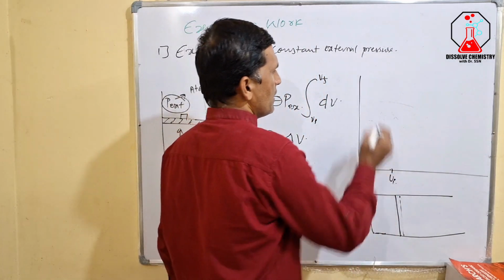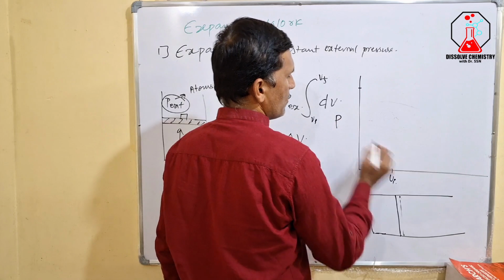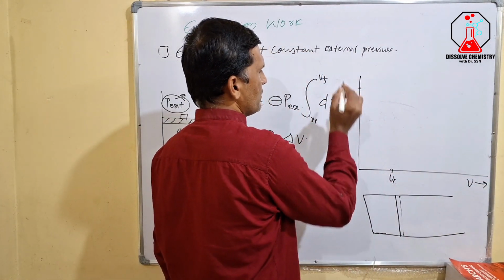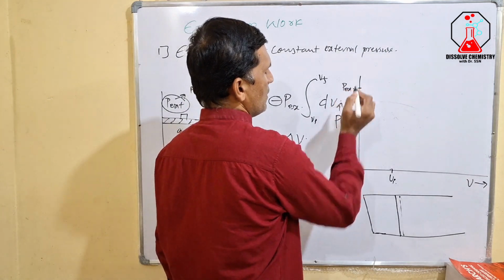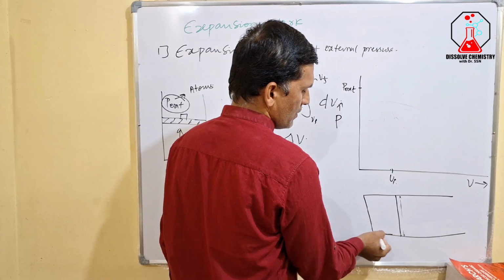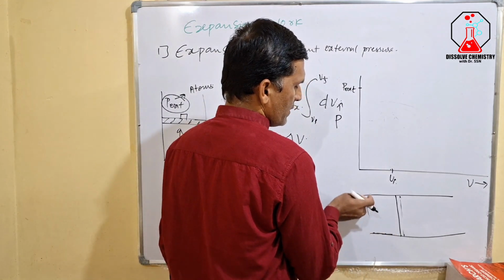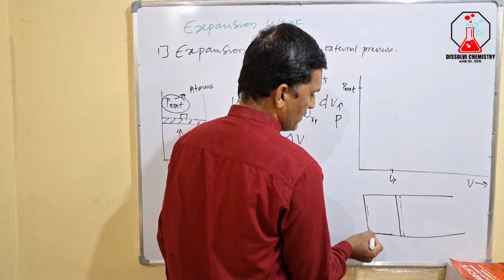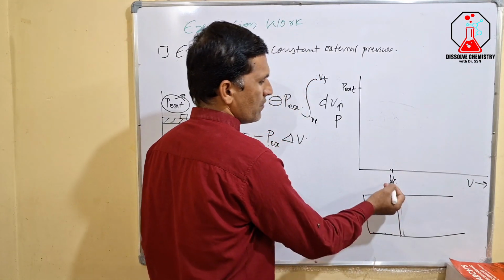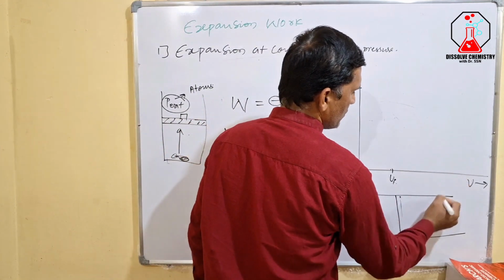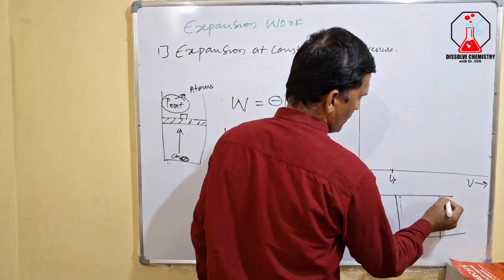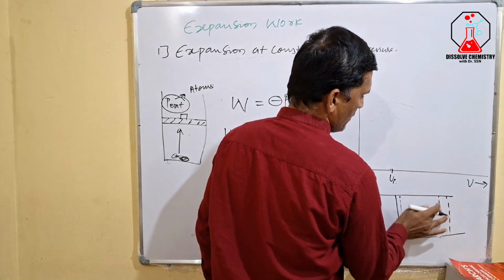Anyhow, your pressure is going to remain constant. This is the volume axis and this is the pressure axis. So your P external, our pressure, is constant. Now the change in volume occurs due to the change in the driving force, that is the pressure of the system. So now what happens? Your gas will expand from V initial to V final, up to here it is going to expand, or you can take up to this, like this.